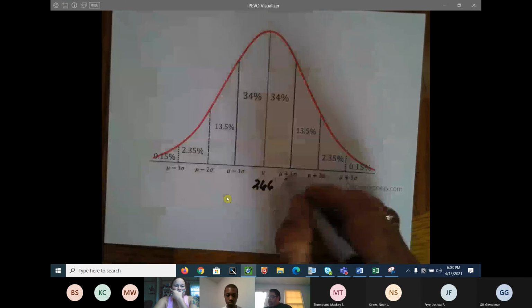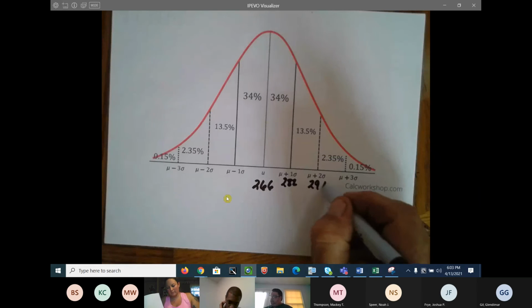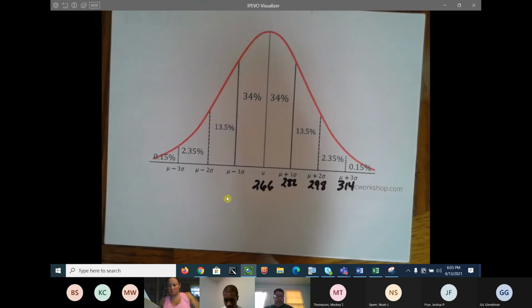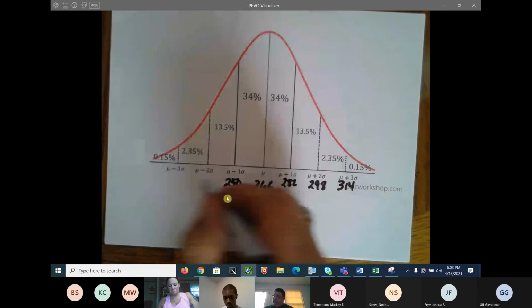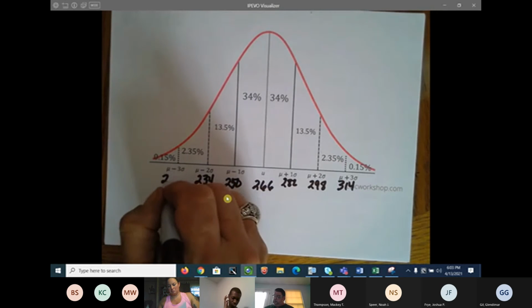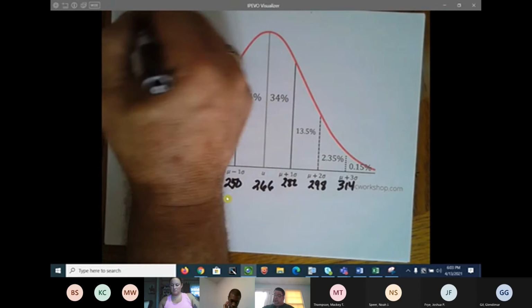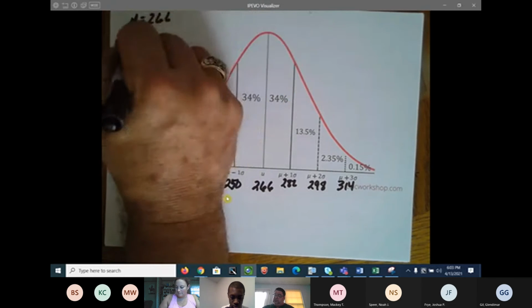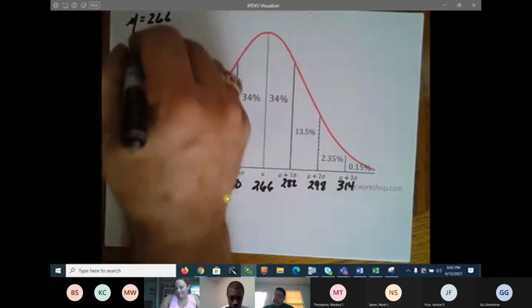Excuse me. 282, 298, 314, and 250, and 234, and 218. And that's saying mu is equal to 266, and the standard deviation is equal to what, 16? I think it's 16, isn't it?